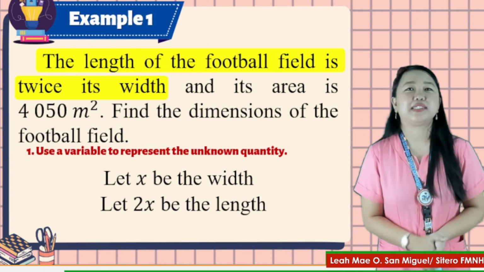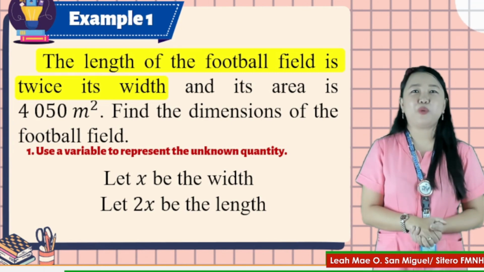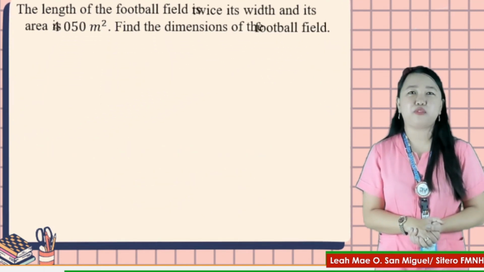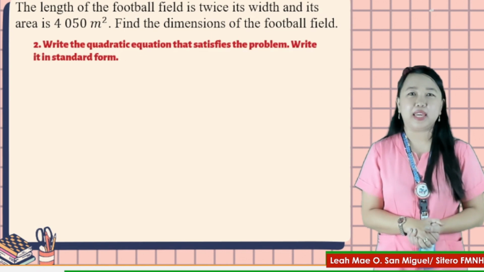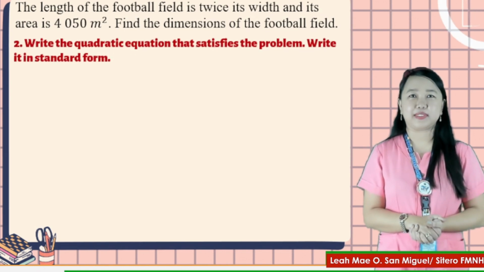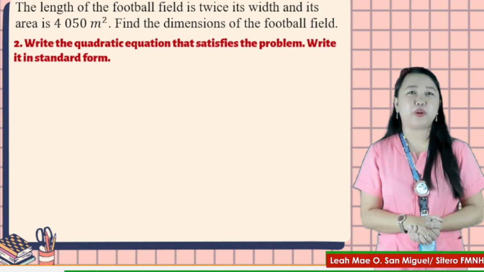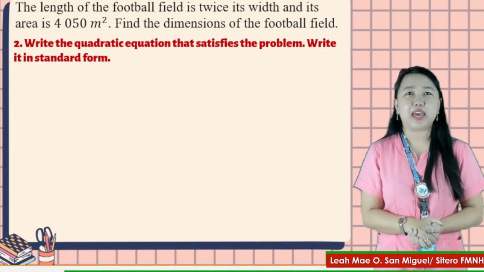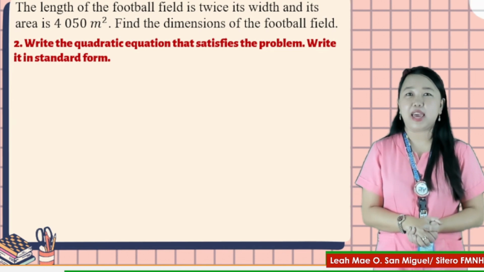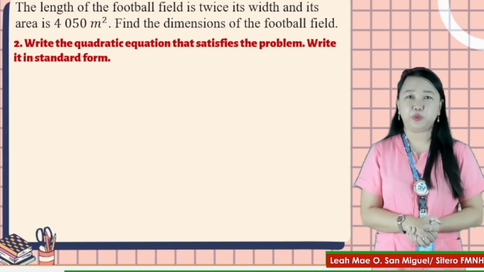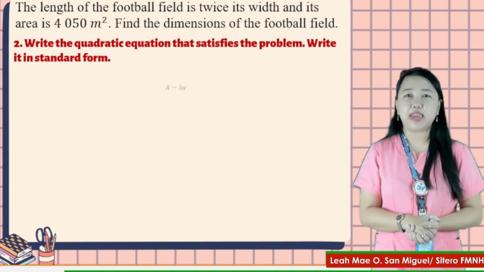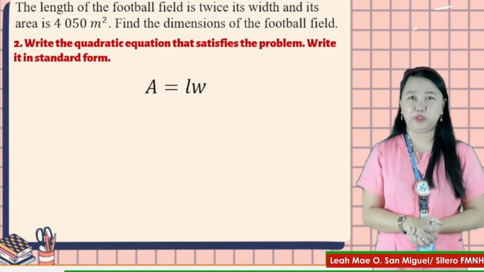Second step, write the quadratic equation that simplifies the problem and write it in standard form. The area A of a rectangle is obtained by getting the product of its length L and width W. In symbols, A is equal to LW.